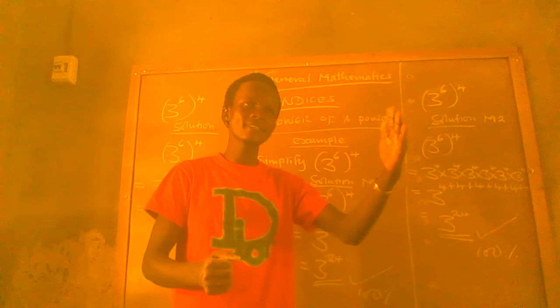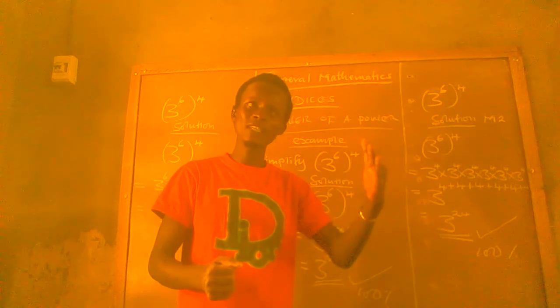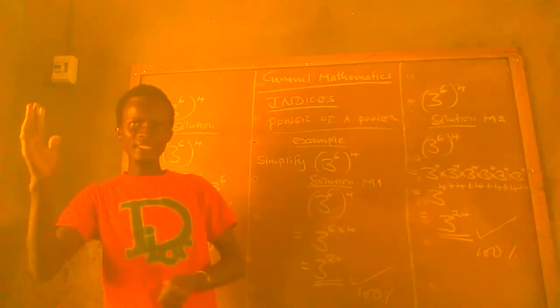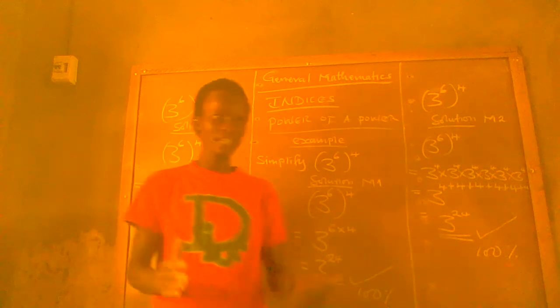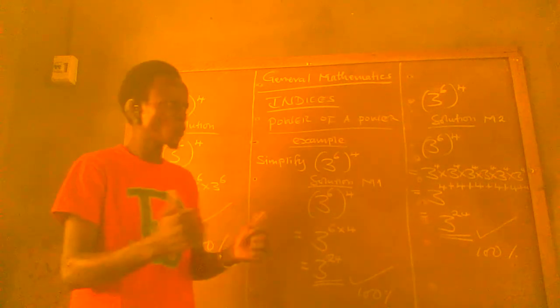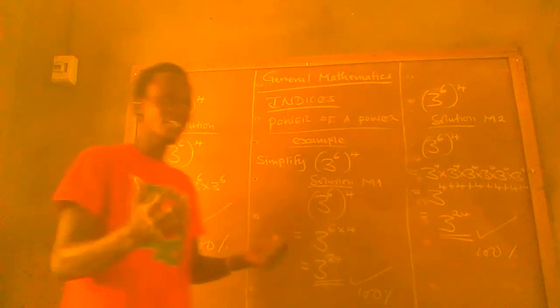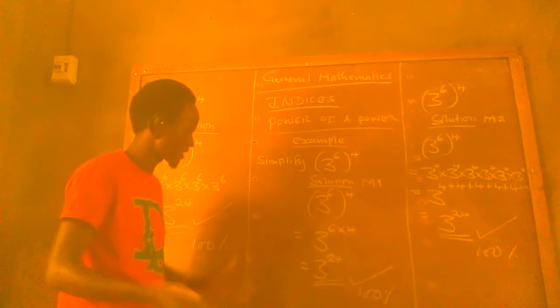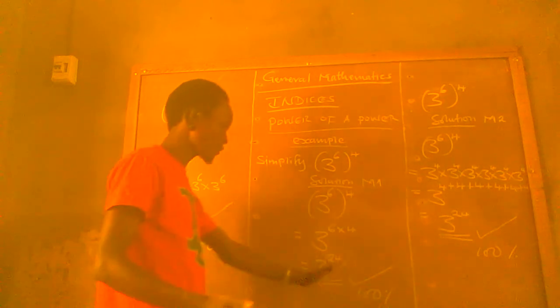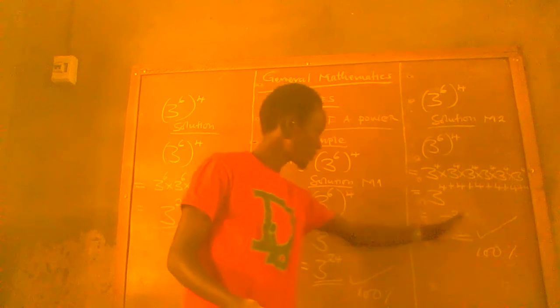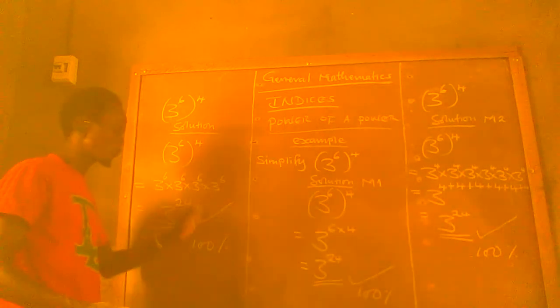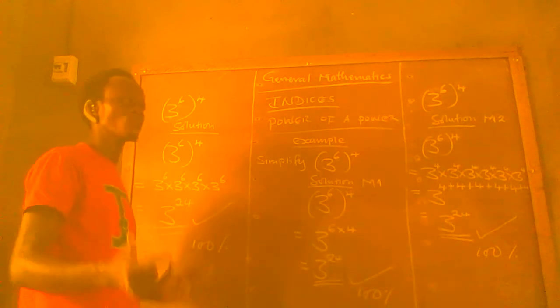If it is 100%, let it be 100%. Also, go to the right hand side. The same thing. What is in the right hand side, you must be able to substantiate to see how best you are going to have the same answer. See, there are 3 raised to the power 24, 3 raised to the power 24, 3 raised to the power 24. Then we have proved beyond reasonable doubt.